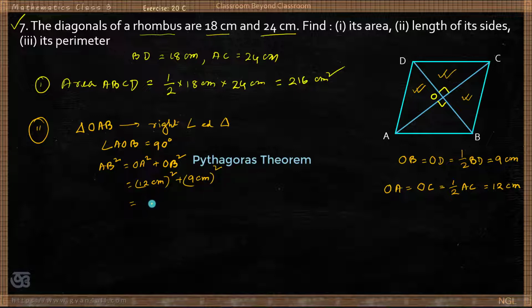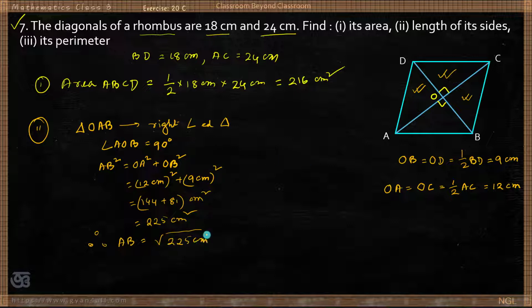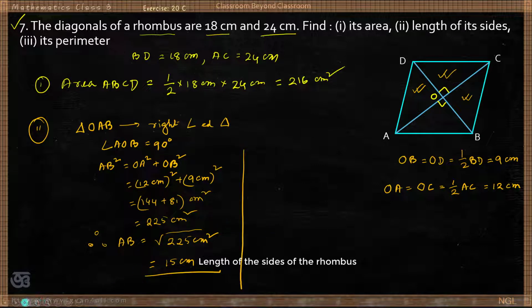So 12 square is equal to 144, and 9 square is equal to 81, this much of centimeter square. So this is equal to 225 centimeters square. Therefore, AB is equal to root over 225 centimeters square, and this is equal to 15 centimeter. So what is AB? AB is one of the sides of the rhombus. Number 2, length of the sides of the rhombus is 15 centimeter.